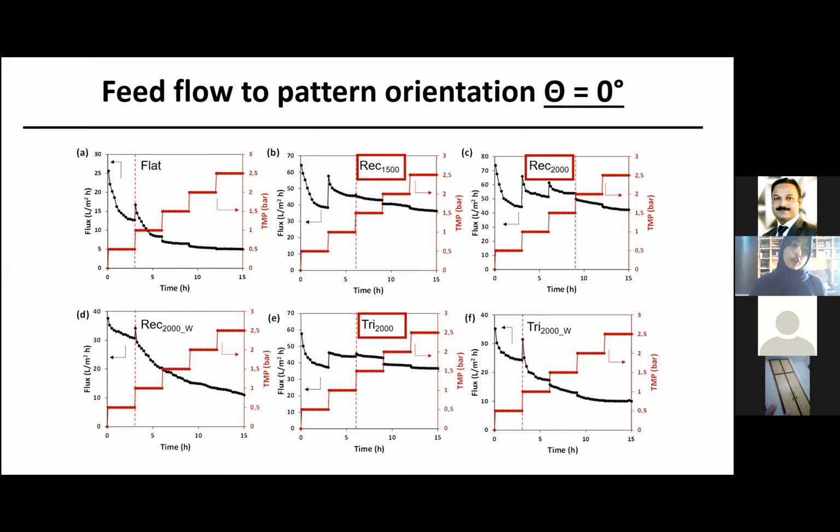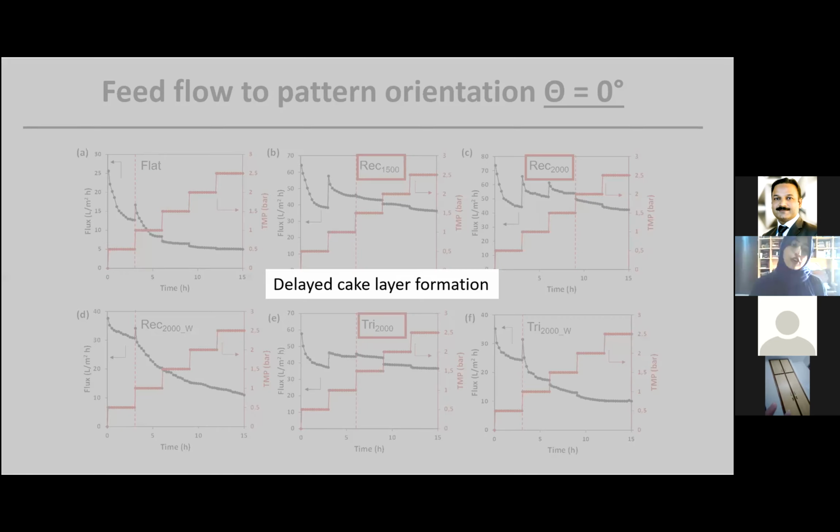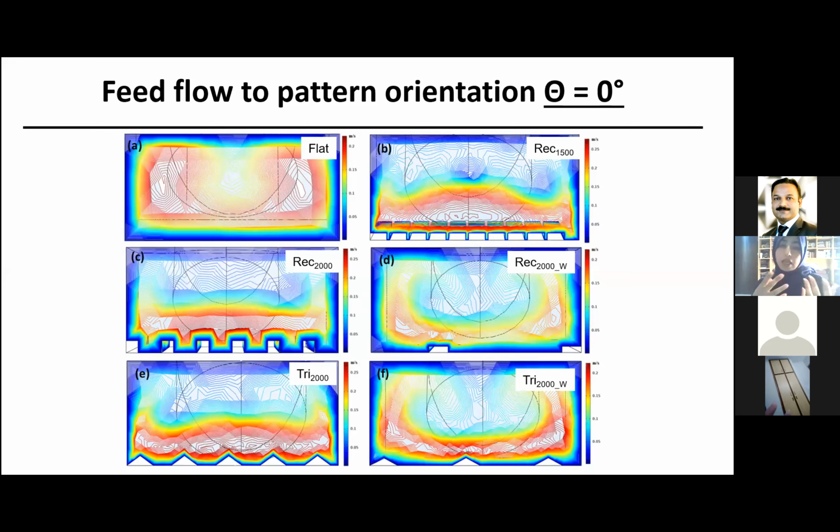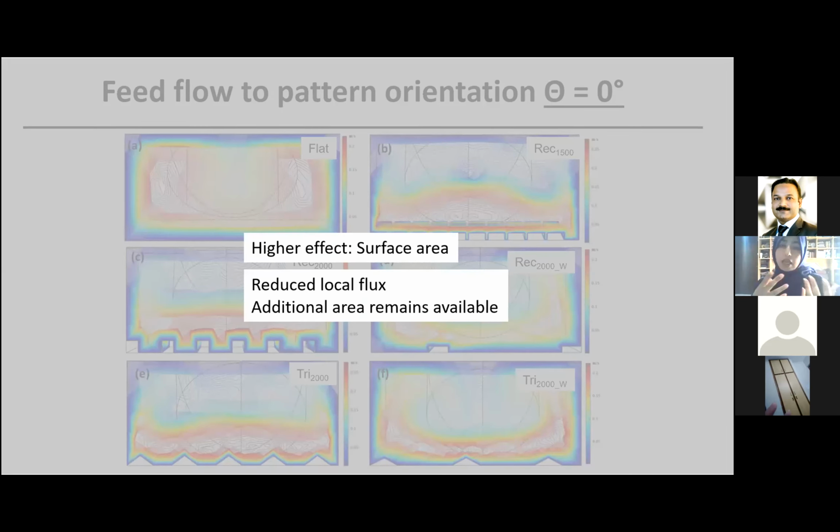The simulations in a parallel direction for these membranes showed higher velocity regions closer to the membrane, but as there were no changes in these velocity contours, it suggests a very minimal effect of surface hydrodynamics. And the improved results were mainly due to higher surface area. If you remember my previous slide, the surface area for a patterned membrane was about 200 to 400% higher.